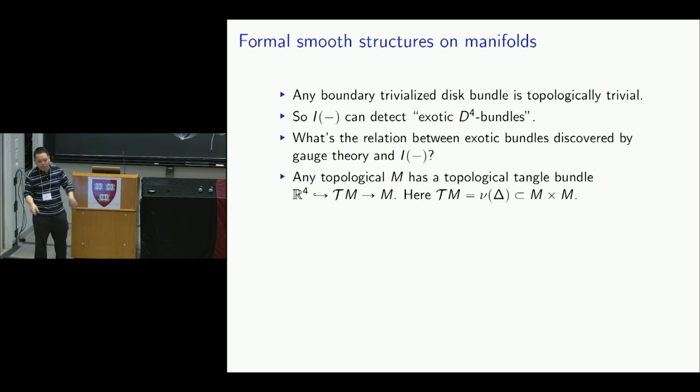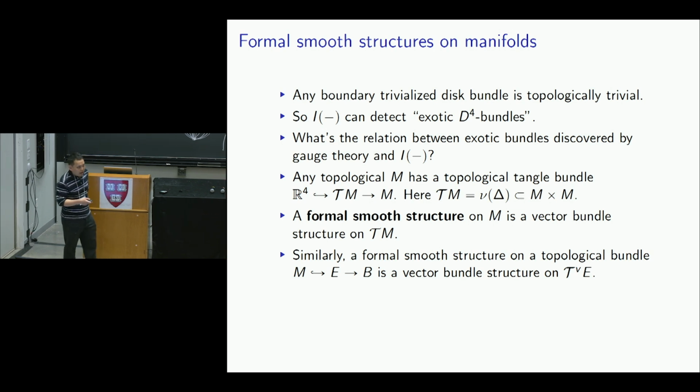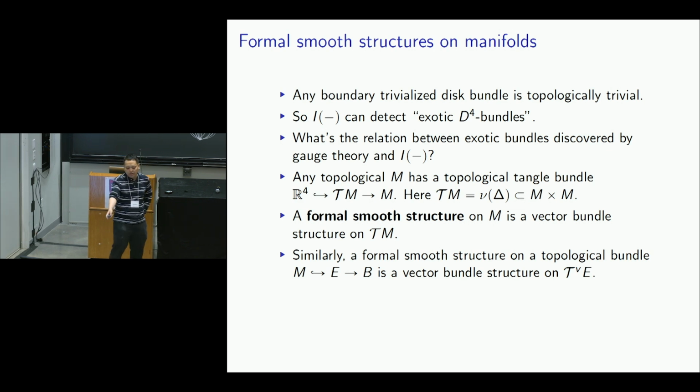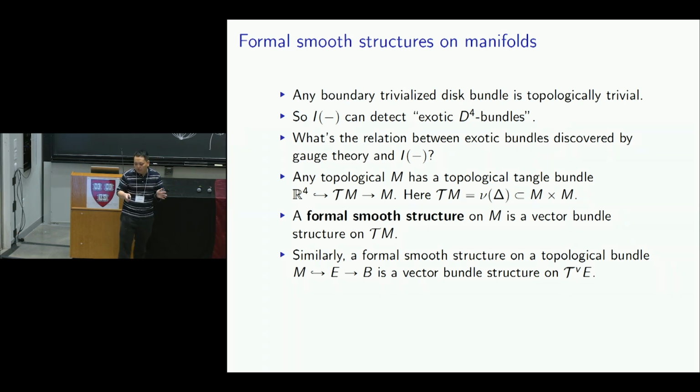Now this is a fiber bundle. A formal smooth structure on M is a vector bundle structure on this topological tangent bundle. In other words, you want to reduce the structure group from the homeomorphism group of R4 to the group of linear transformations.